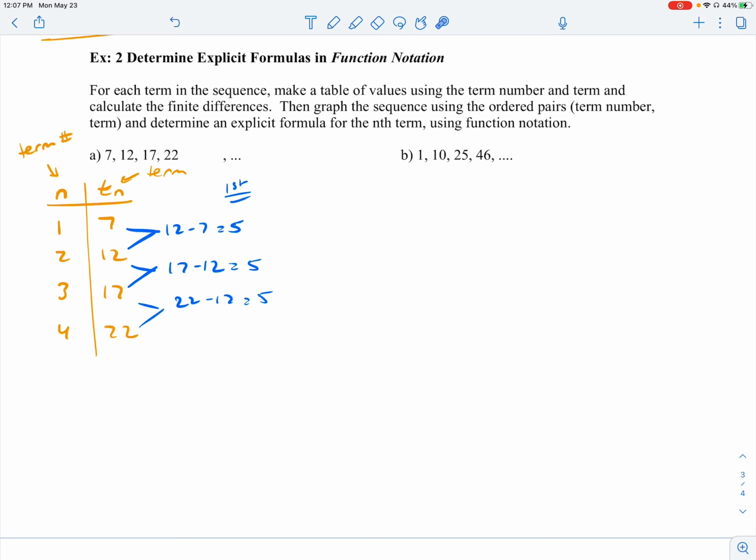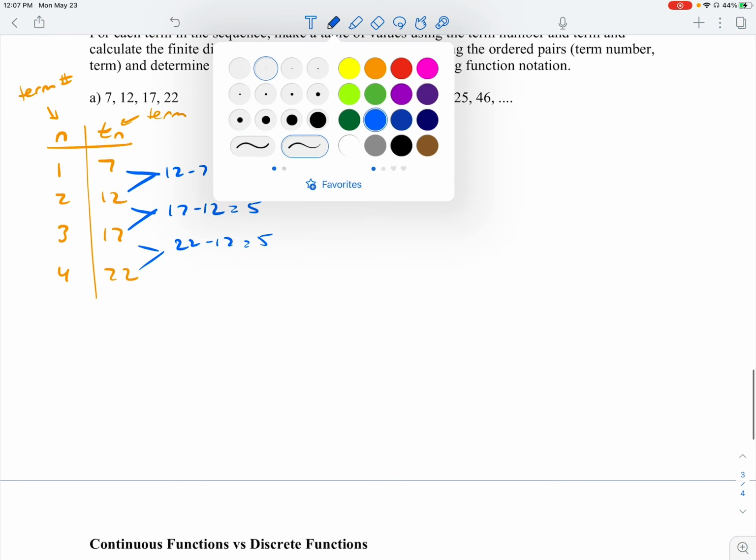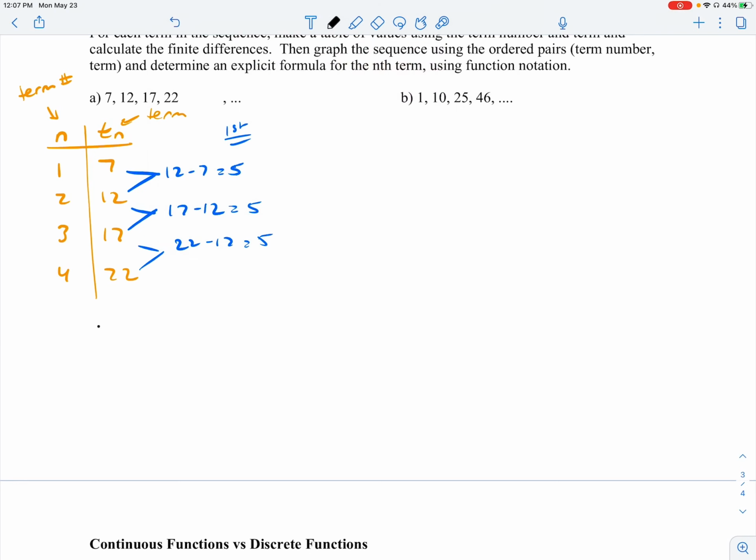Okay. It says then graph the sequence using the ordered pair. So if I were to do a graph here, so we'll do 1, 2, 3, 4. And we go all the way up to 22. So I think I'll mark off 25 up there.